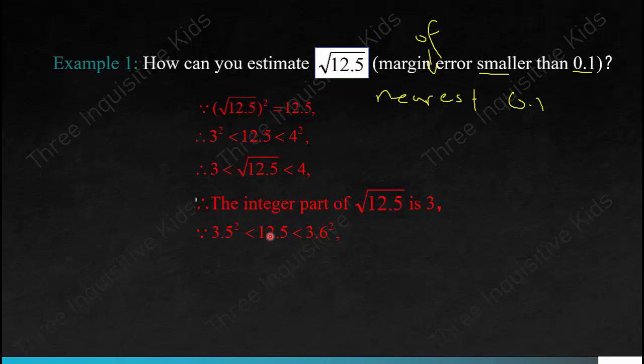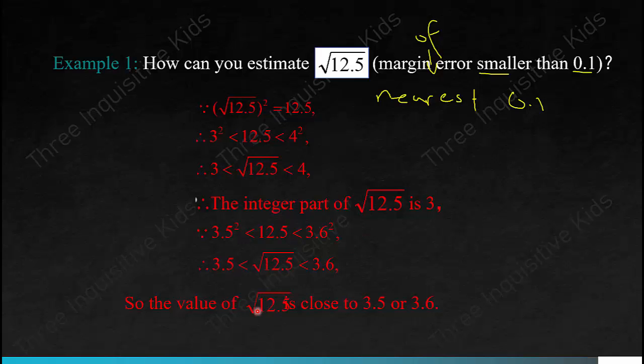And this is greater than 3.5 squared and less than 3.6 squared. And when you're doing this, it's fine if you have a calculator with you. Which means that 3.5 is less than the square root of 12.5, but the square root of 12.5 is less than 3.6.